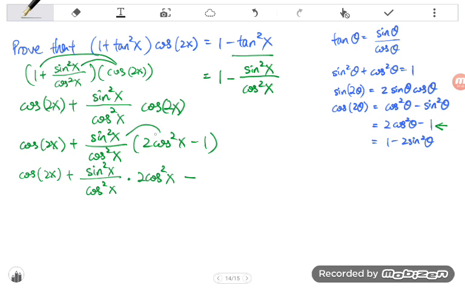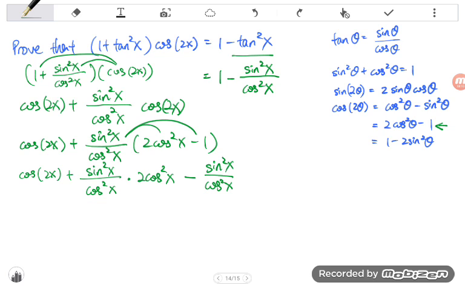Okay, this is what I get from here. And then the next part, I need to distribute the next part. I'll get sine square x over cosine square x. Multiply that, so the 1 just becomes minus 1, minus that.